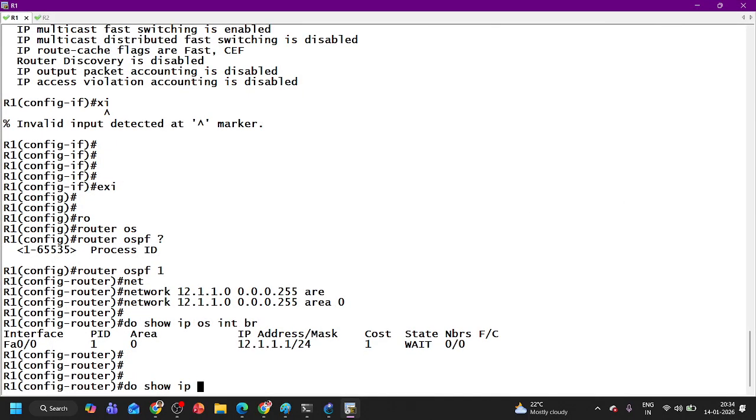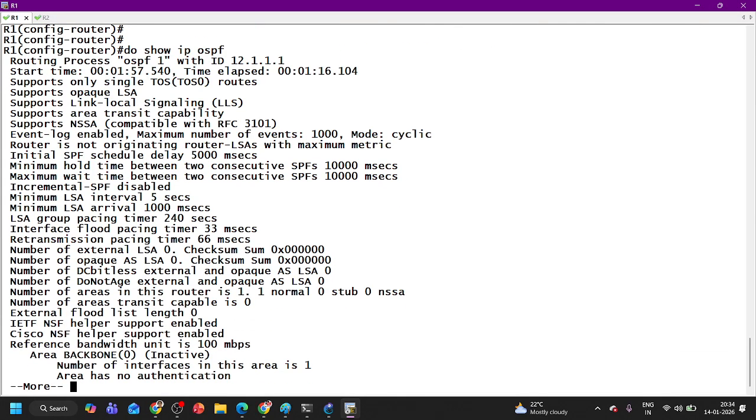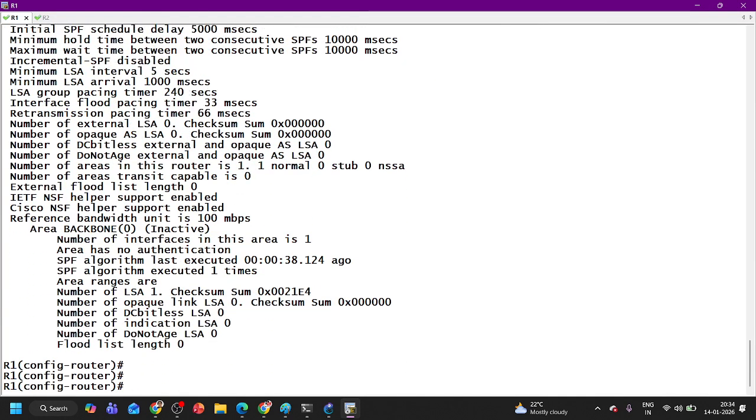So, show ip ospf, here somewhere you can see the reference bandwidth. See how many times this router has executed the SPF algorithm: one time only. Whenever there is any change, it will recalculate the SPF algorithm.